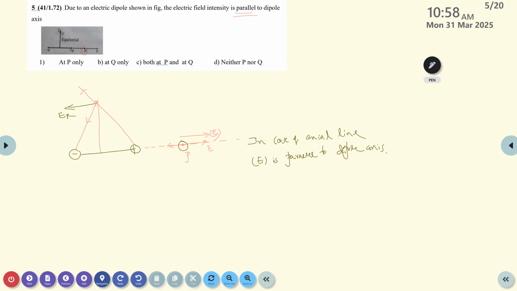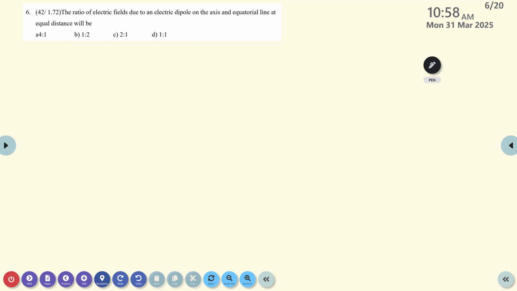Here also, it is parallel or anti-parallel to the dipole axis. It is possible in case of Q, and even in case of P it is parallel. So both at P and Q. Actually, you should represent parallel or anti-parallel. That you should represent. Right. Okay. Next.